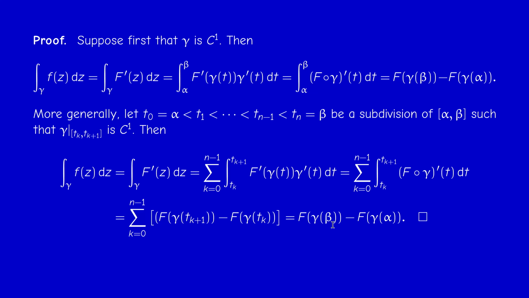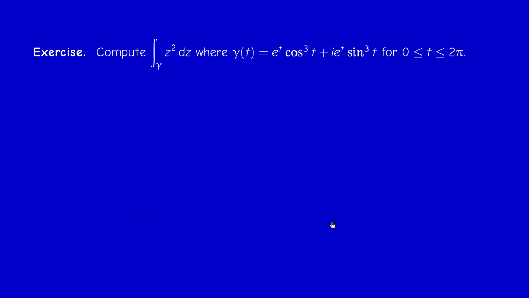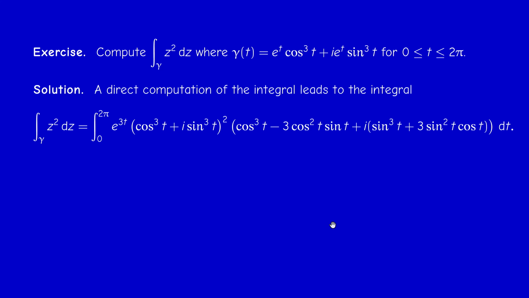Okay, and I will illustrate the usefulness of this result on an example. So I will give you a horrible curve that I can draw, and I want you to compute the integral over this complicated curve of z squared dz.